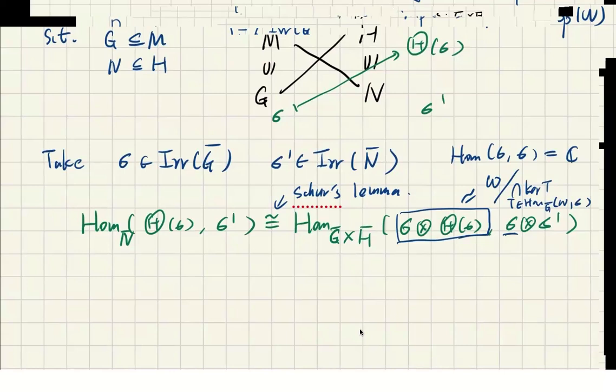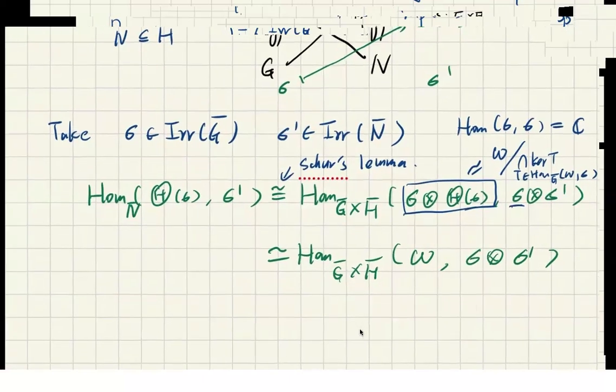Right? So the point is that you can replace this by omega. So this is isomorphic to Hom of G bar cross H bar, the Weil representation, from sigma tensor sigma prime. Okay, then you win. So because this formula is symmetric for G and H, right?